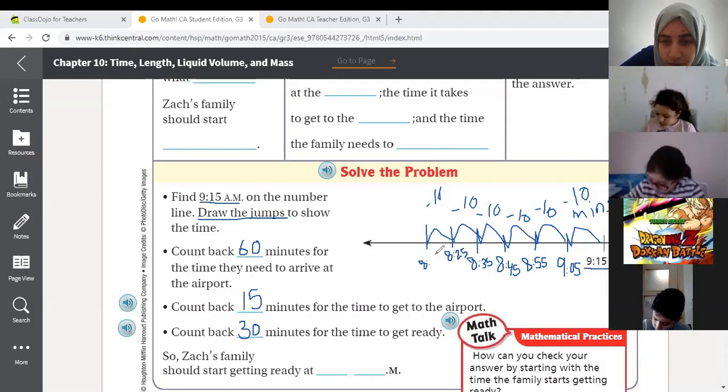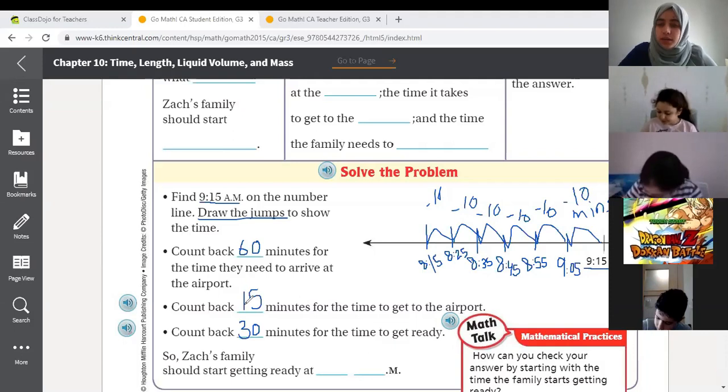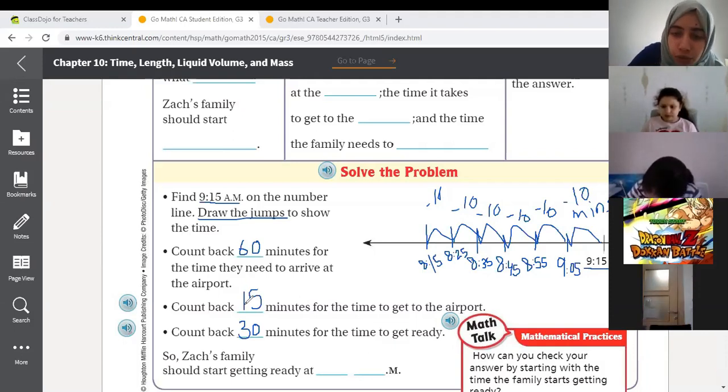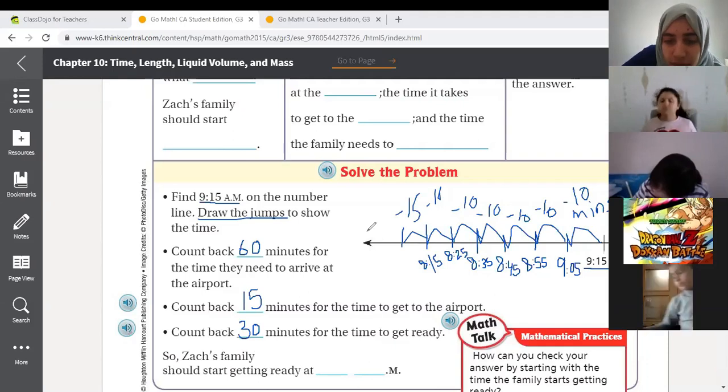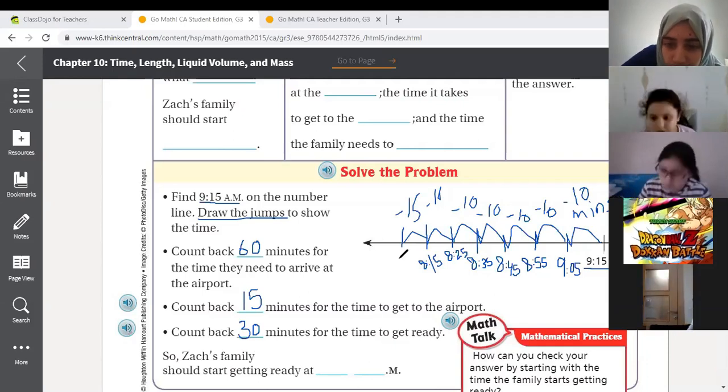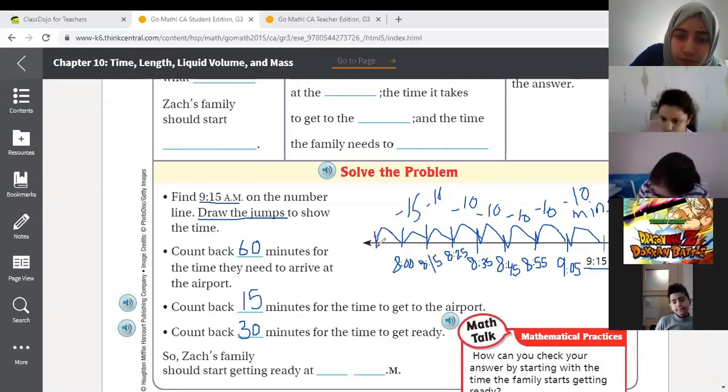15 minutes after 8. And now we're going to subtract the time that the family needs to get to the airport. So it's going to be minus 15. And we know that 15 minus 15 is 0. So the time is going to be exactly 8 o'clock. And then the last thing we need to do is subtract by 30 minutes.